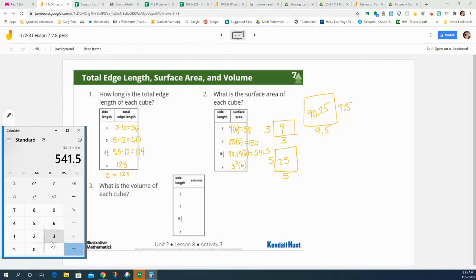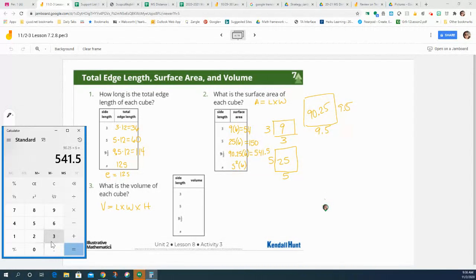Now volume is where we find length times width times height. And let's go back up here. Area is length times width. So length times width times height, they're all going to be the same number.